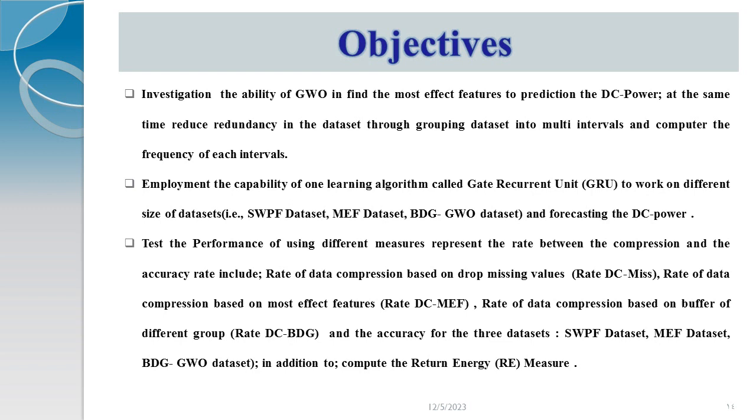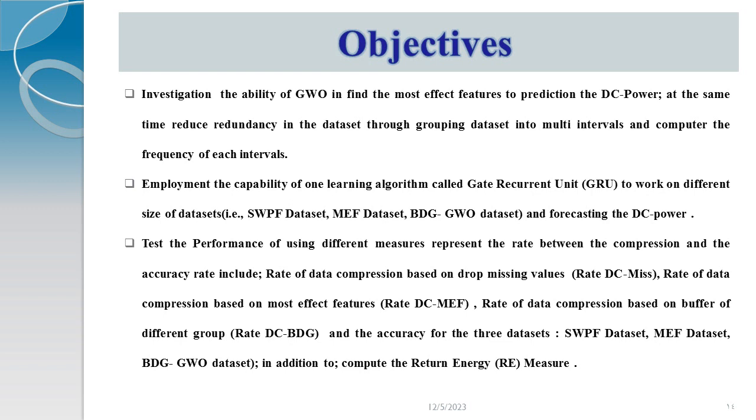Employ the capability of one learning algorithm, called gated recurrent units, to work on datasets of different sizes, such as spatial wind power forecasting datasets, most effective feature datasets, buffer different grouping, and Grey Wolf optimization datasets, and forecast the DC power.